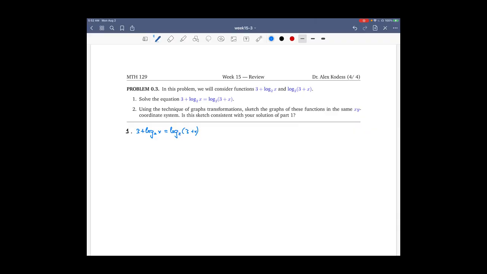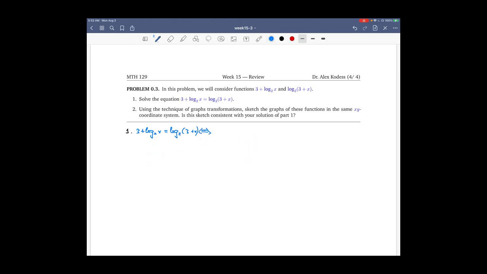I would like to first move log x base 2 to the other side, i.e. I would like to add to each side negative log x base 2. That is, of course, an equivalent transformation, so the solution set won't change.